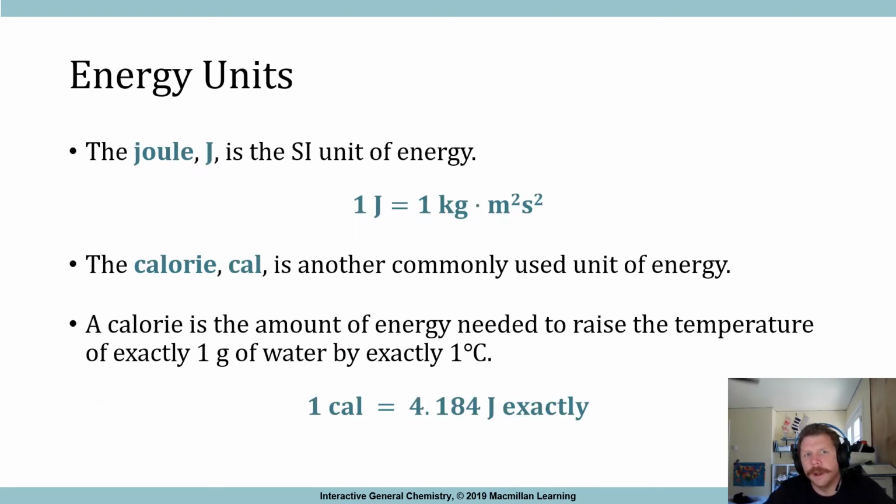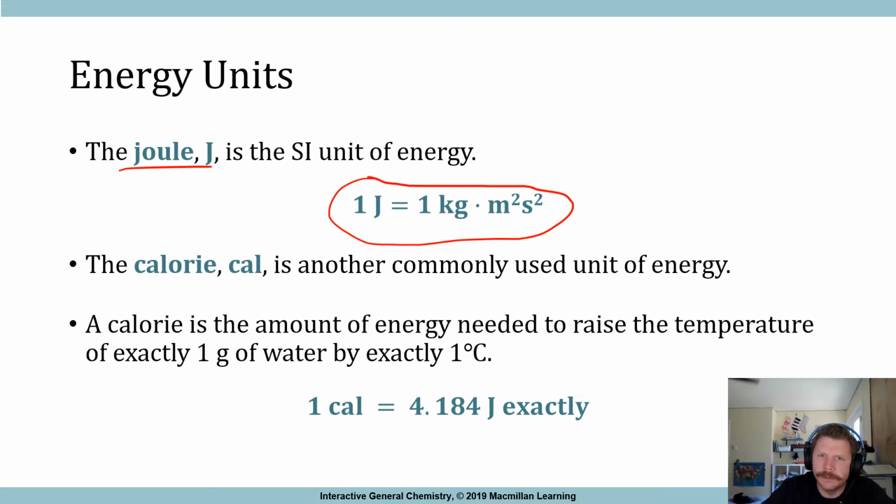Okay. Now, our unit for energy is the joule. 1 joule is equal to 1 kilogram times meters squared per second squared. There's actually a typo there, and that is meters squared per second squared.